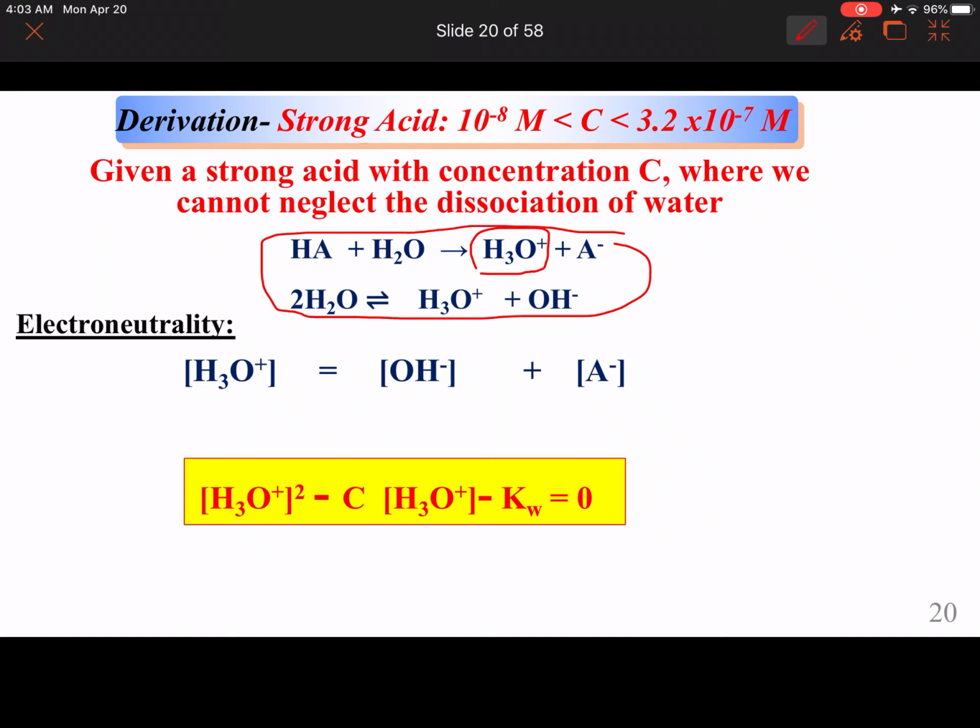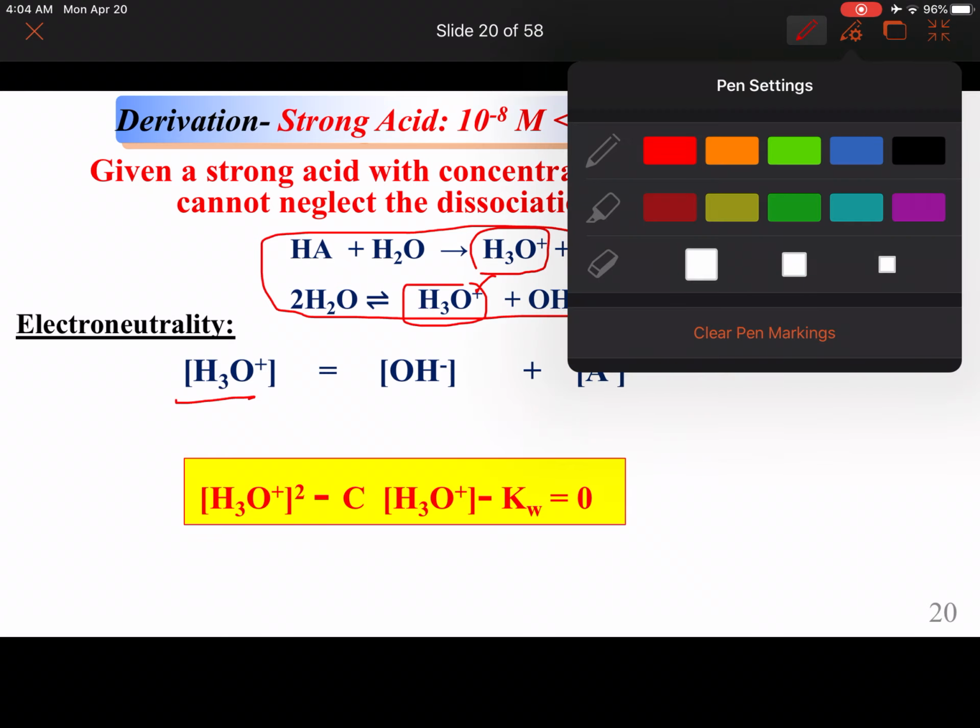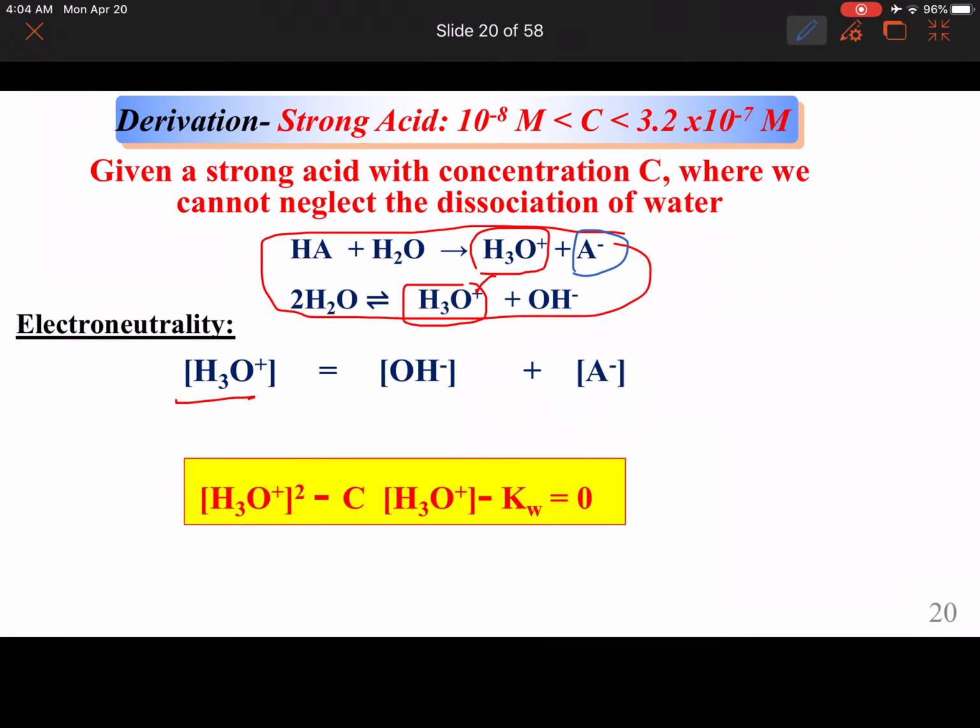Okay, H3O plus is positive, so that goes on the positive side. And this H3O plus is the same as this one in solution. There isn't any difference, so that's done. All the negatives go on the other side, and so take the negatives. I have A minus, that will go on this side, and OH minus as well. So the negatives are on one side and the positives are on the other.